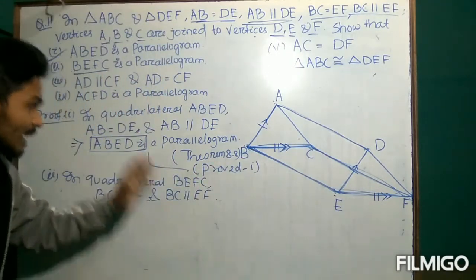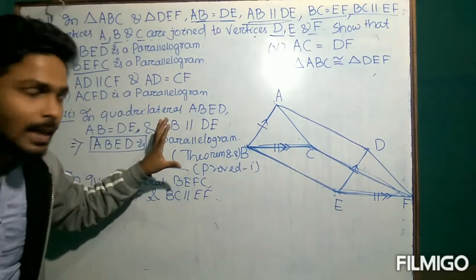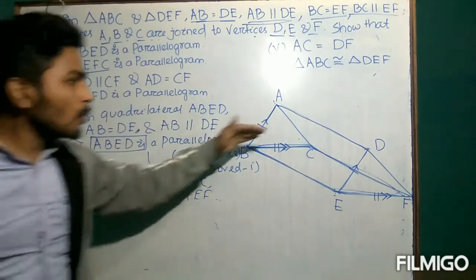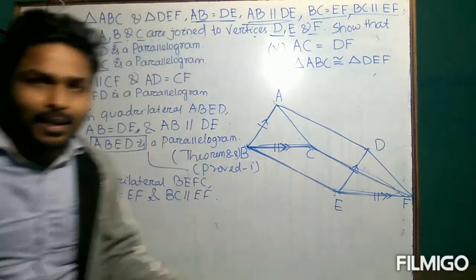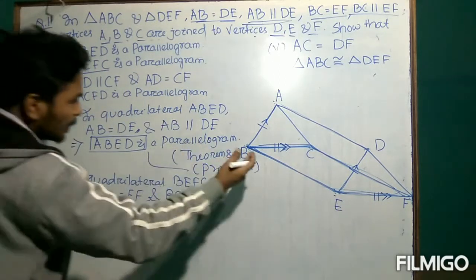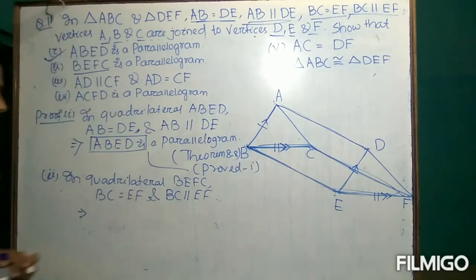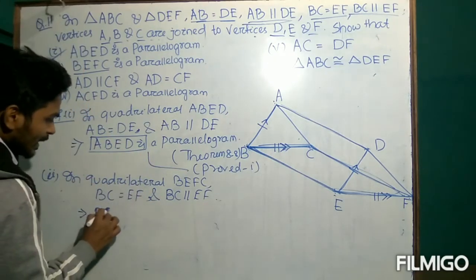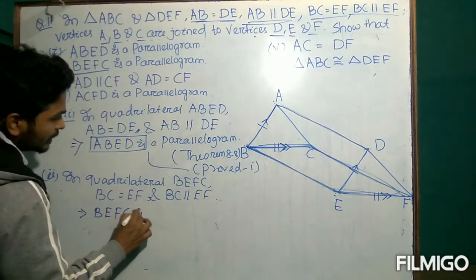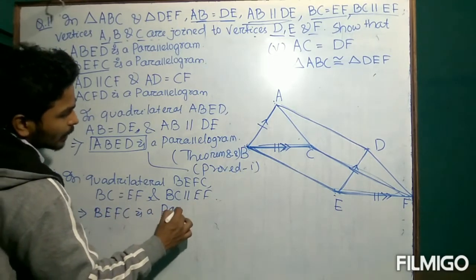It is the same condition as we proved in the first statement, right? And you know, if one pair of opposite sides are equal and parallel, then that quadrilateral must be a parallelogram. So we can write that BEFC is a parallelogram.